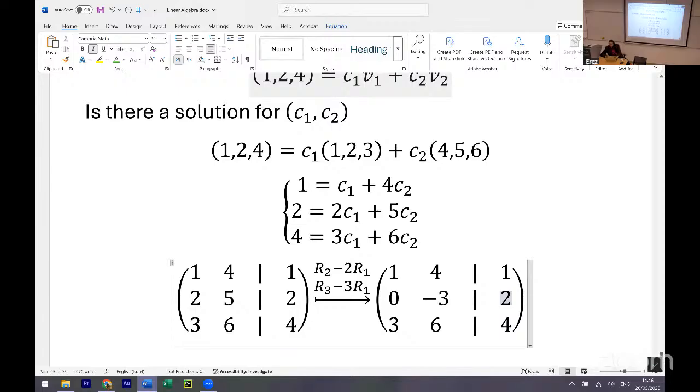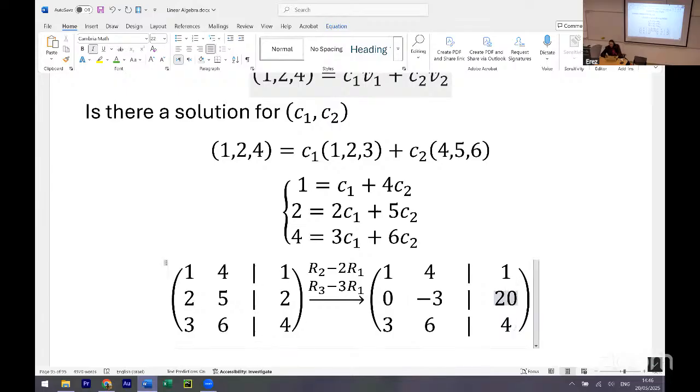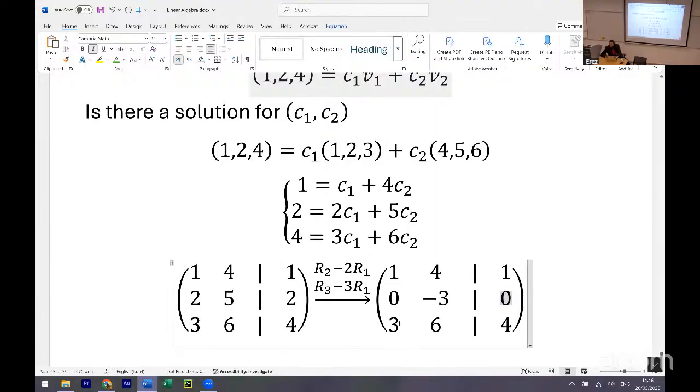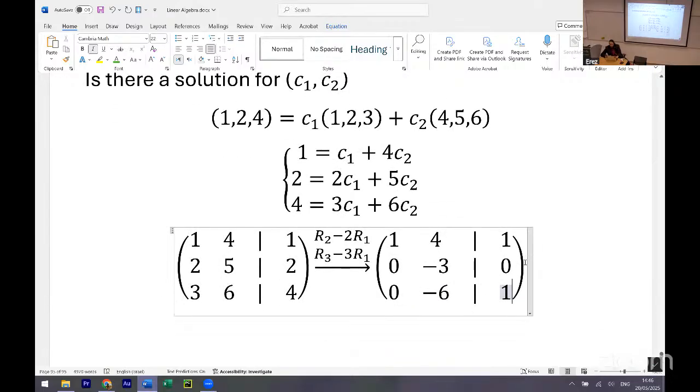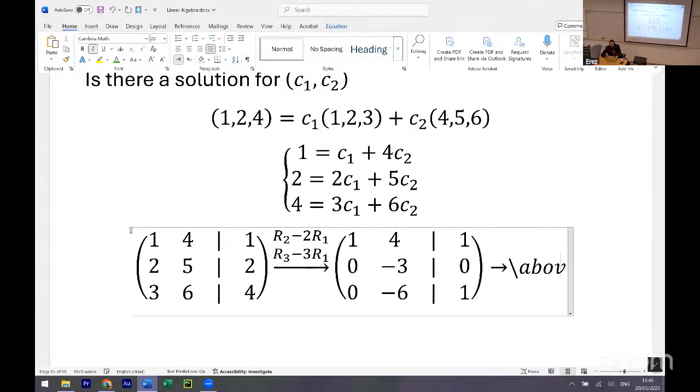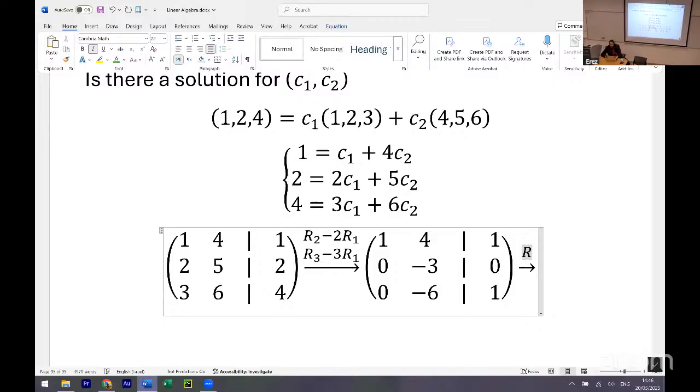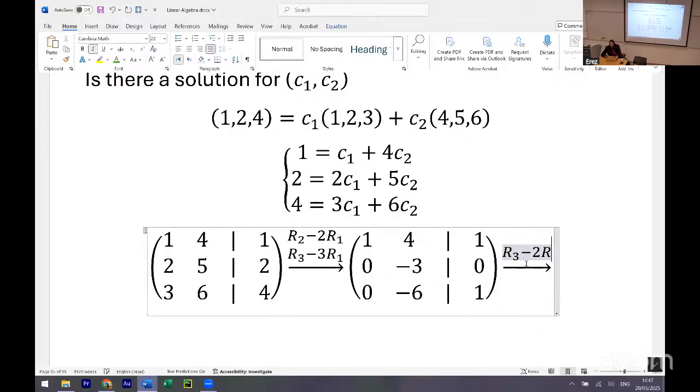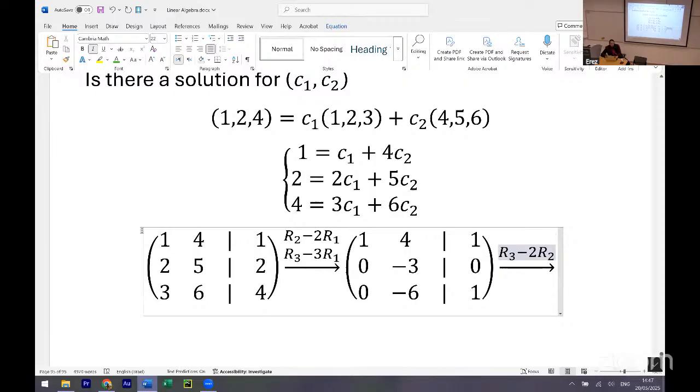Okay. 2 minus 2 is 0. Next, this minus 3 is 0, that is minus 6, and this is 1. If you notice, it does not look good. Last step: R3 minus another 2. I still didn't get a contradiction, but it's quite obvious.